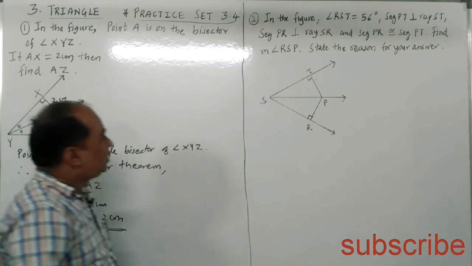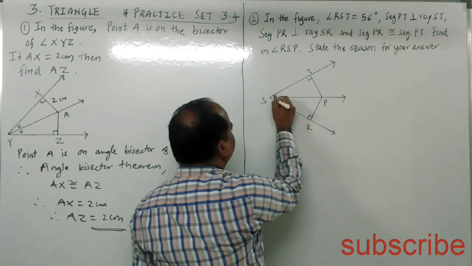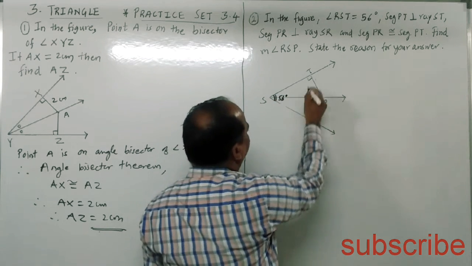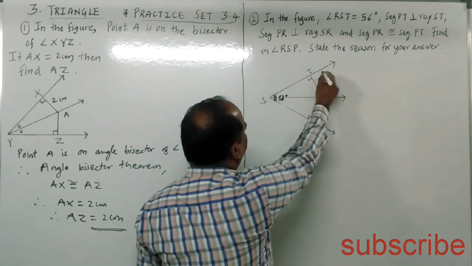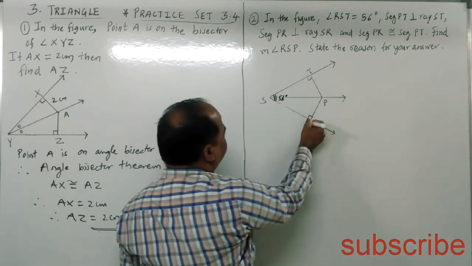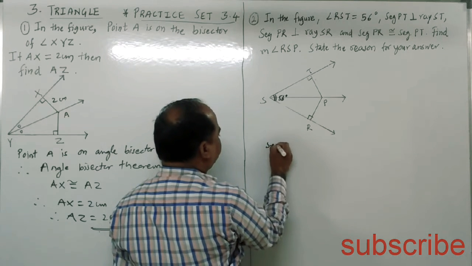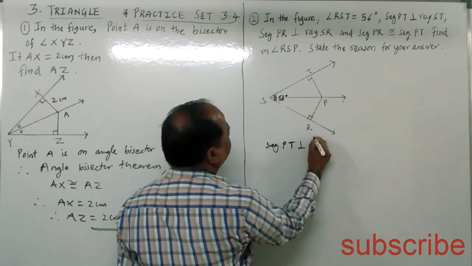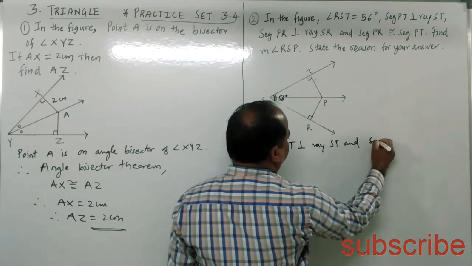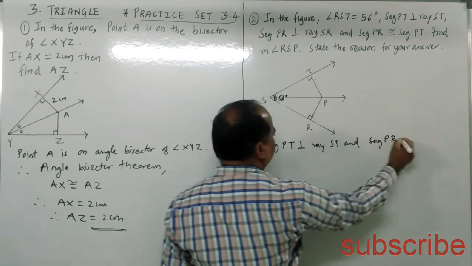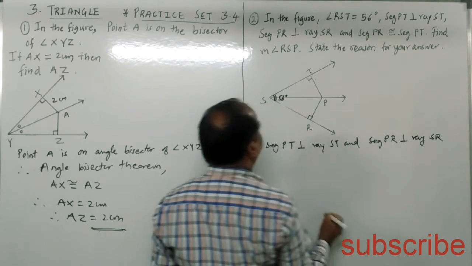Second example: in the given figure, angle RST is 56 degree, segment PT is perpendicular to ray ST, and PR is perpendicular to ray SR, which is given.